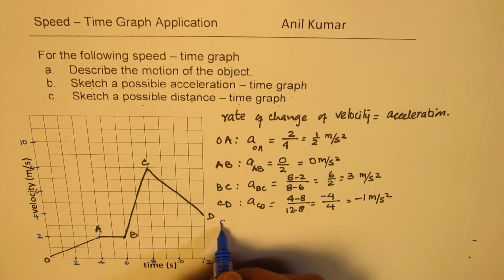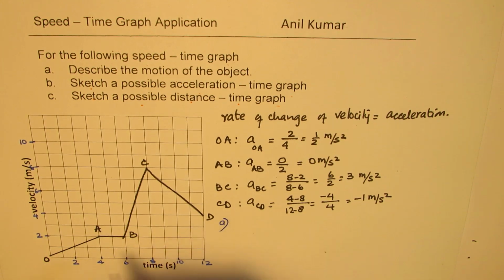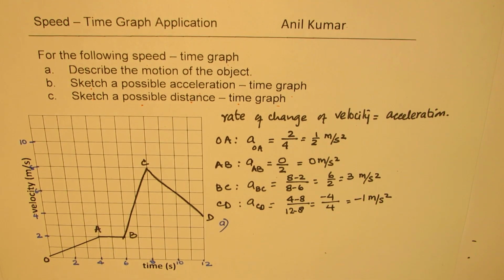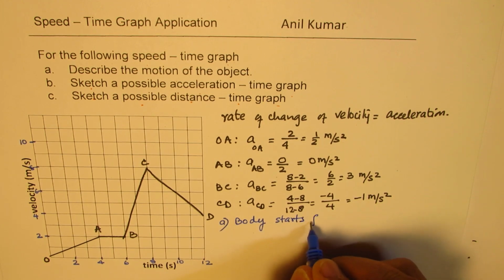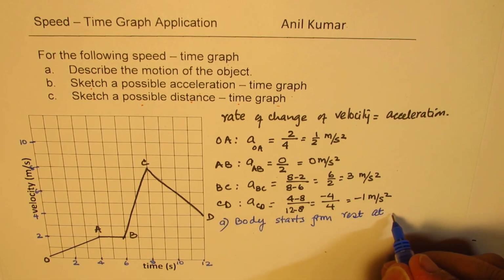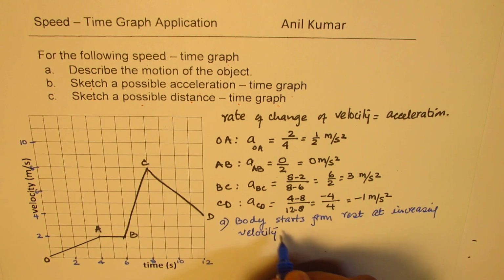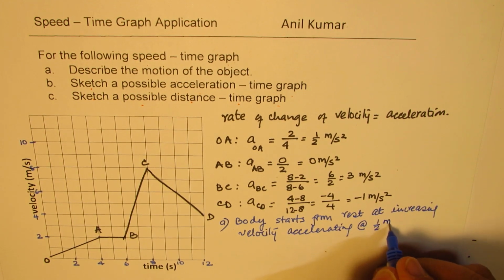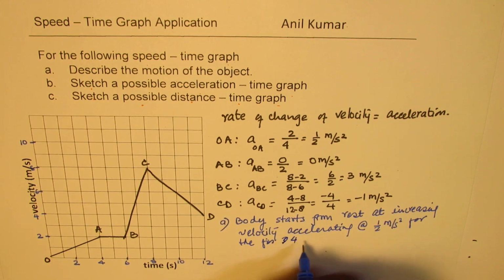To describe the motion of the object, we can say that the body starts from rest with increasing velocity, accelerating at the rate of half meter per second square for the first 4 seconds, right? 4 seconds, correct?